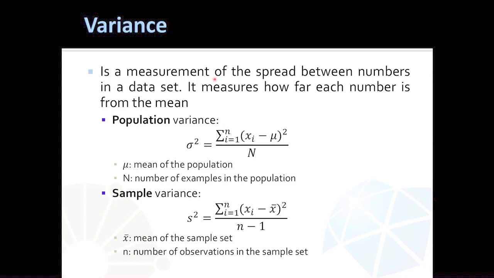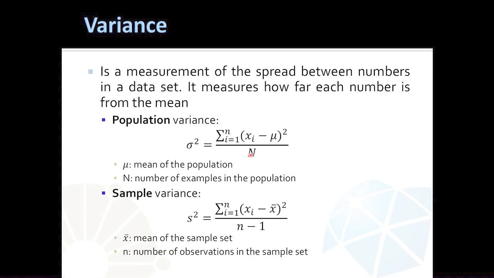Variance is the measurement of the spread between numbers in a dataset. It measures how far each number is from the mean. There are two ways to compute the variance of a set. The variance of a population is given by this formula. Squared sigma is equal to the sum of the squared distances of all points to the mean of the population divided by the population size.